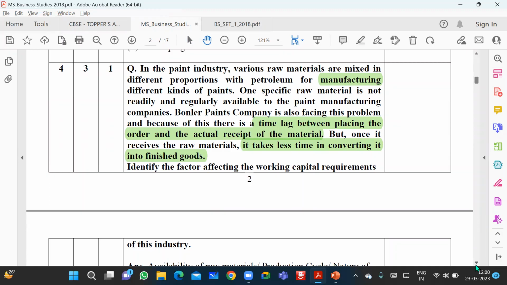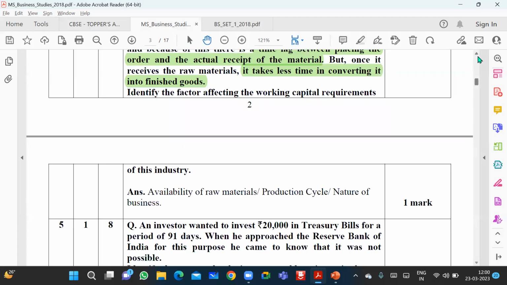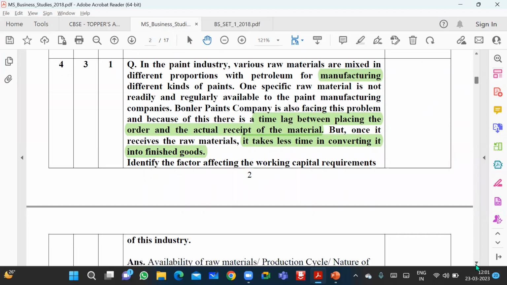Here again, it has not been asked to explain. When you go through this question, you will find there are about three different factors in the question itself. You have to write either of the factors, and CBSE has accepted three different factors.